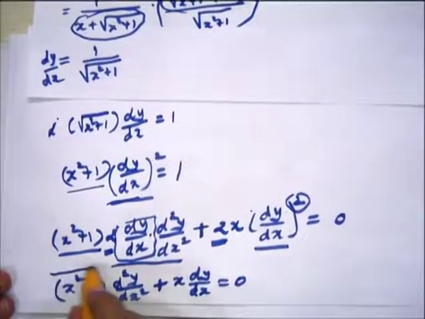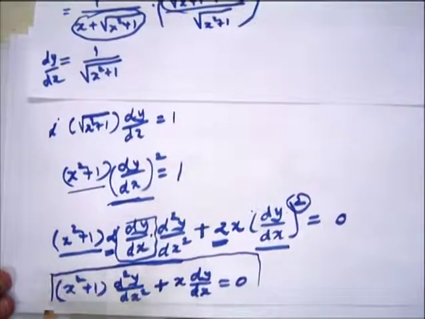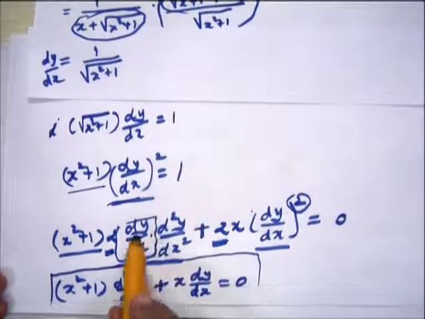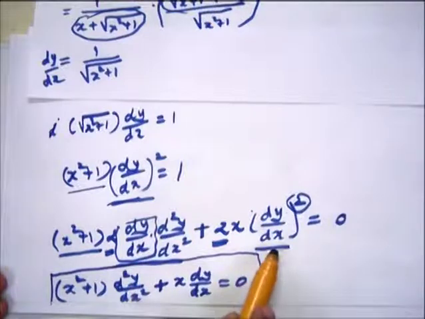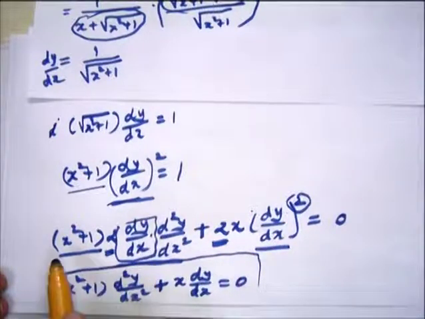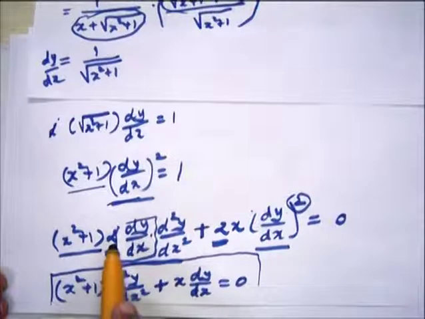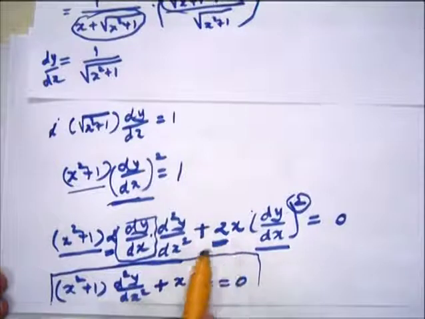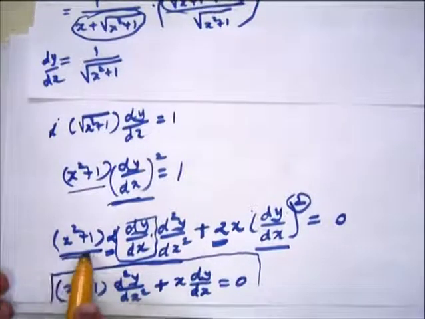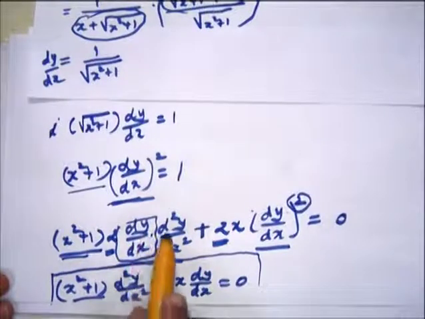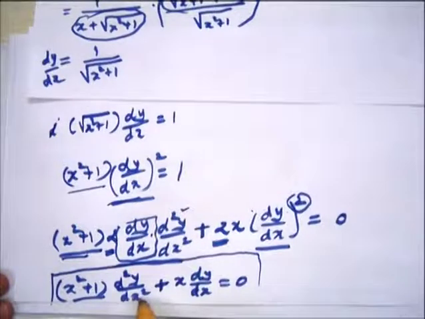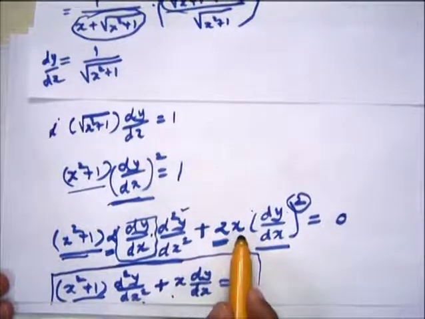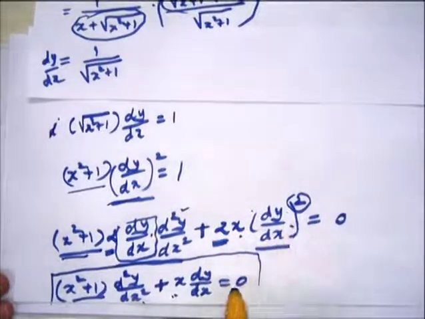So this is exactly what we want to prove. What exactly have we done here? Here dy by dx is there in both the terms, so one dy by dx we have taken common, and 2 is there in both the terms, so 2 we have taken common. 2 into dy by dx cannot be 0, so the remaining term is 0, so x square plus 1 d2y by dx2 plus x dy by dx is equal to 0.